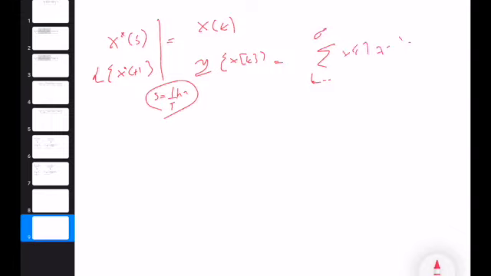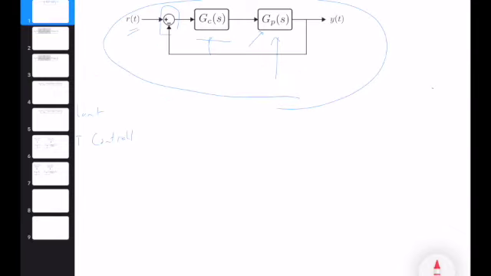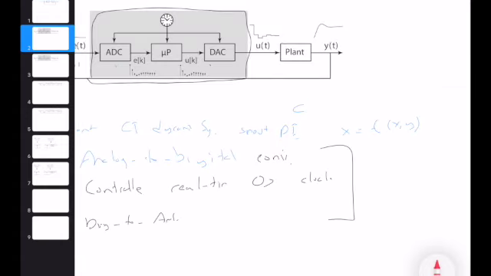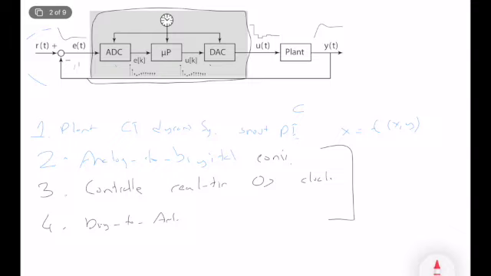Okay, good. So the take-home messages, let's go to the beginning. We started with what we learned from the previous class. Then in this lecture, we covered the fundamental block diagram structure in digital control systems, where we have a plant, which is the same as in our classical feedback systems course, but now our controller is a digital controller, composed of an analog-to-digital converter, a microcontroller, and a digital-to-analog converter.